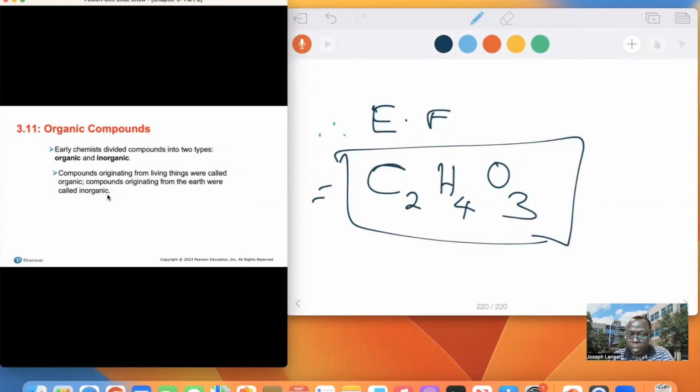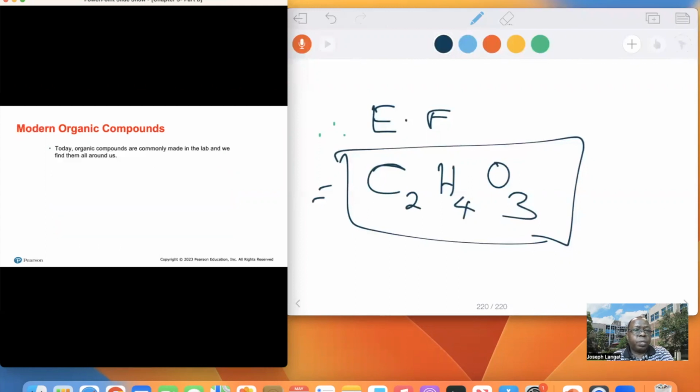Organic compounds were easily decomposed and could not be synthesized. But nowadays, we can synthesize organic compounds in the lab. Organic compounds can be synthesized from everything we can think of.